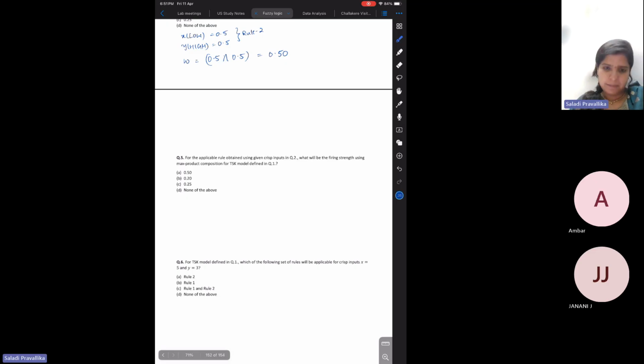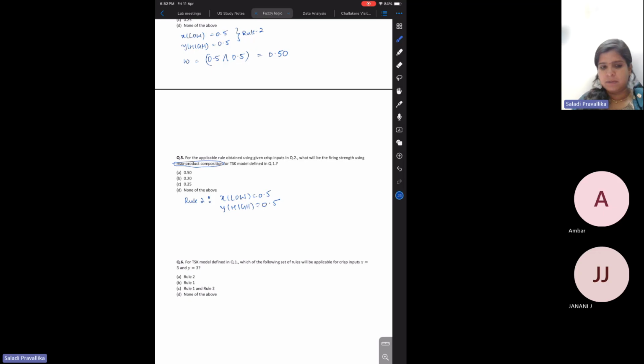For the same thing, if we use max product composition, what will be the firing strength? So for rule 2, we have x low 0.5, y high 0.5.